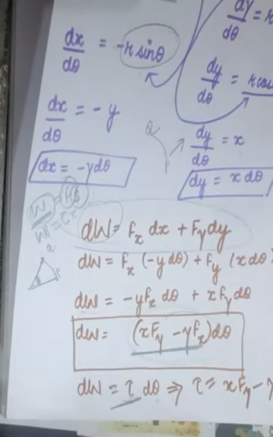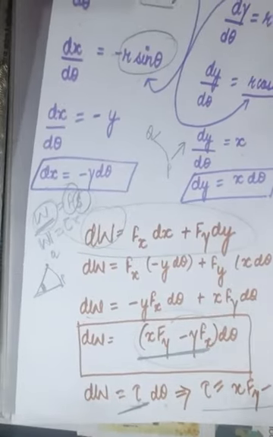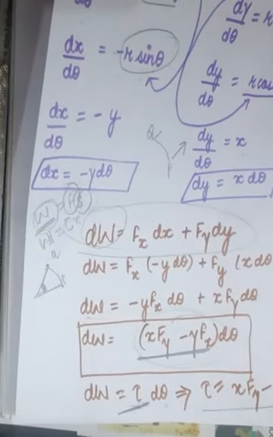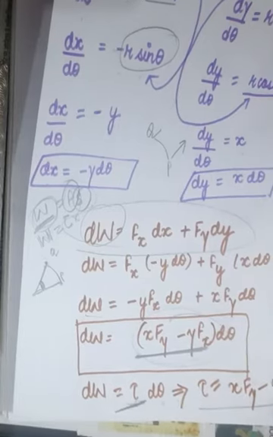So this is the expression for torque in Cartesian coordinates: x Fy minus y Fx. And this torque is in the z direction. Like if the rotation was happening in the xy plane, then the torque must be in the z direction.